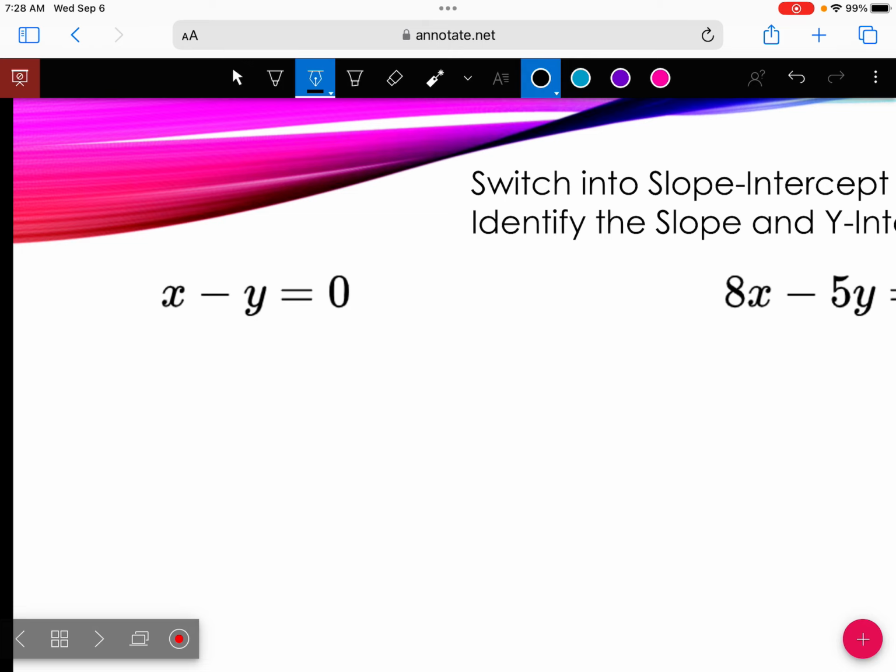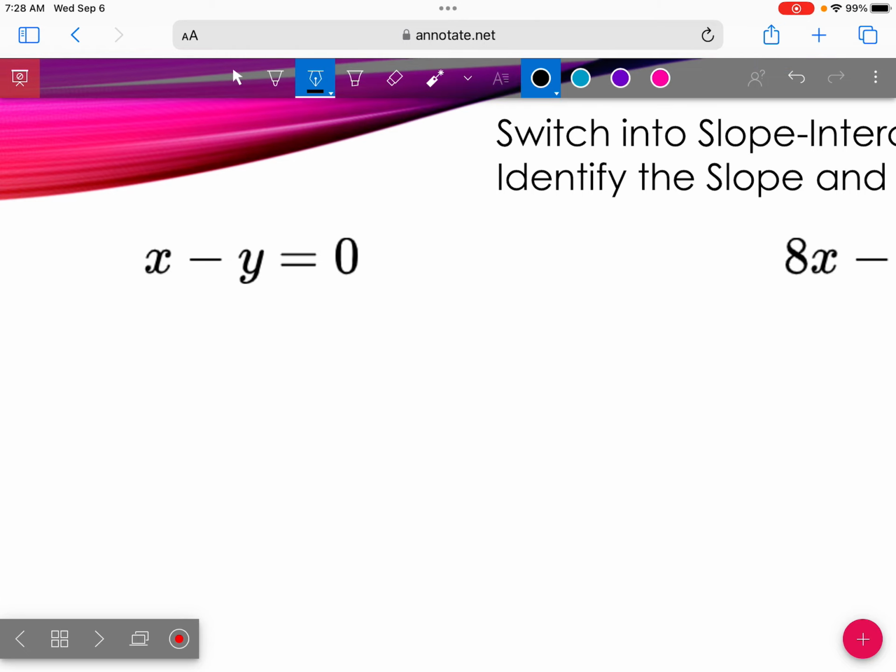What do we need to do to get this one into slope-intercept form? Minus x on both sides is an excellent place to start. That's going to give us minus y equals minus x. You can put the plus 0 if it helps you. Totally fine.